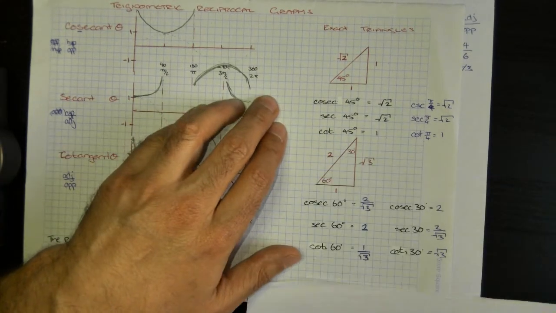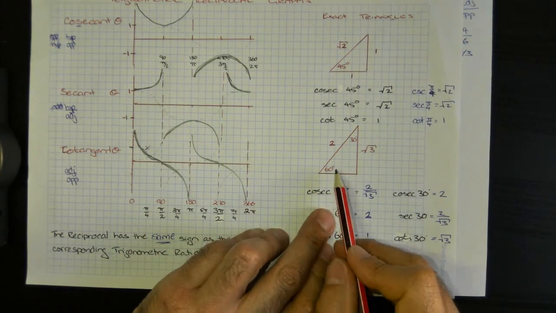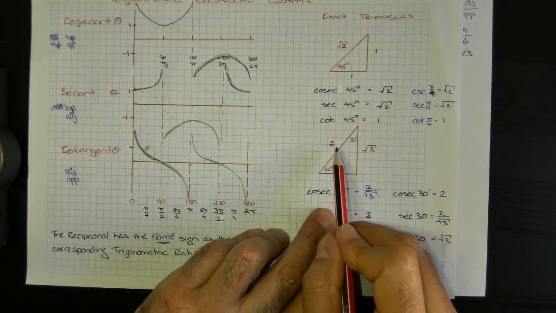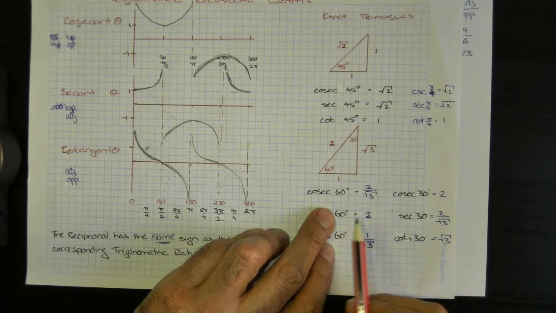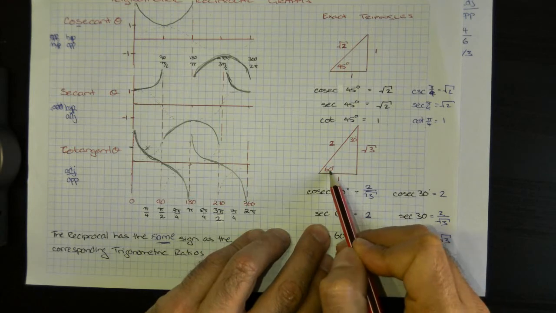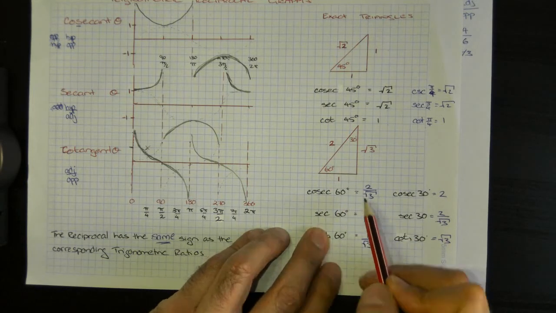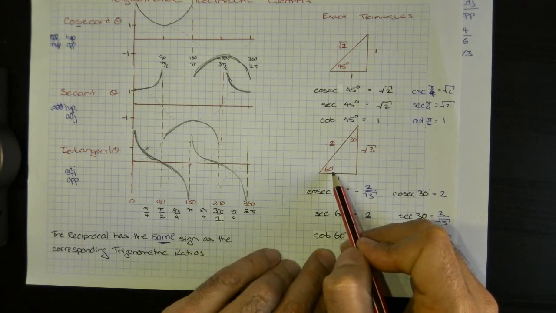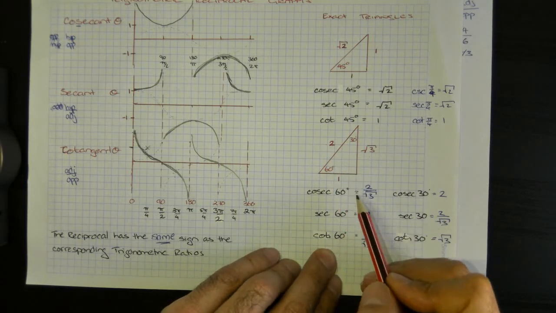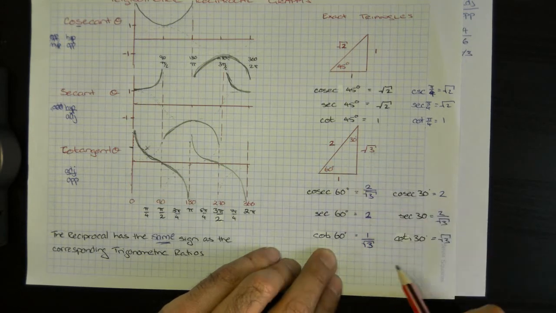So the other exact triangle, we've got cosec of 60, so that's going to be the hypotenuse over the opposite. Sec of 60, so that's going to be the hypotenuse over the adjacent. And then we've got the cot of 60, so that's going to be the adjacent over the opposite.